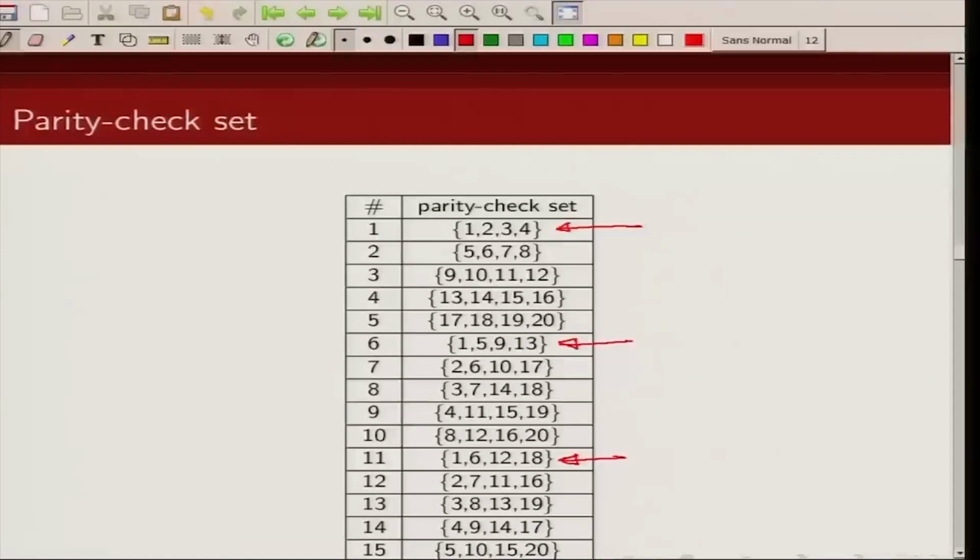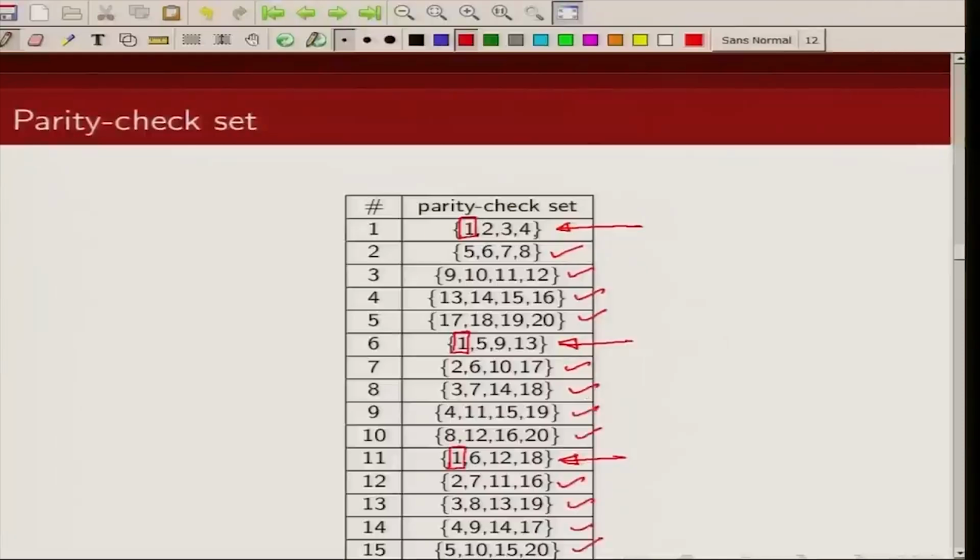Note that in our example, there was a single error in bit number 1 location. All other bits were received correctly, only bit number 1 was in error. Then this parity check set would not be satisfied because this bit is in error. This will be satisfied, this will be satisfied. This will not be satisfied because this particular bit was in error. These are all satisfied. This will not be satisfied.